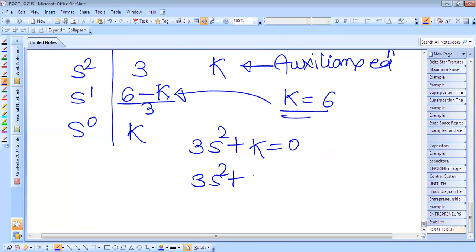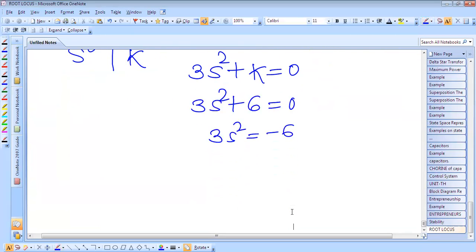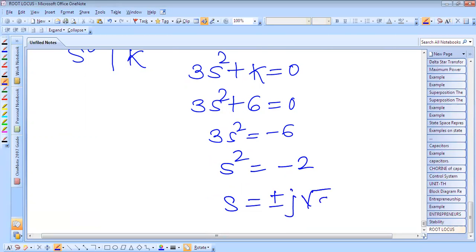So 3s square plus 6 is equal to 0. 3s square is equal to minus 6, and therefore s square is equal to minus 2, and therefore s is equal to plus minus j root 2.